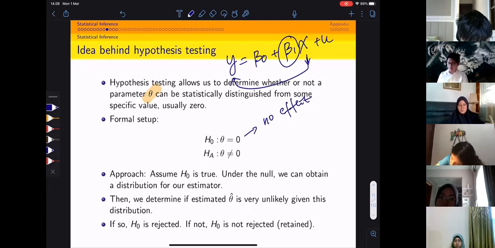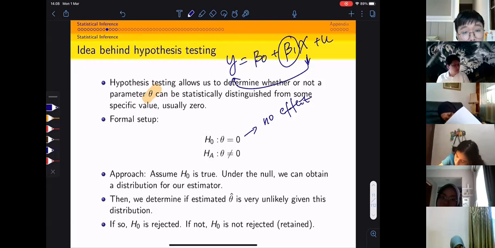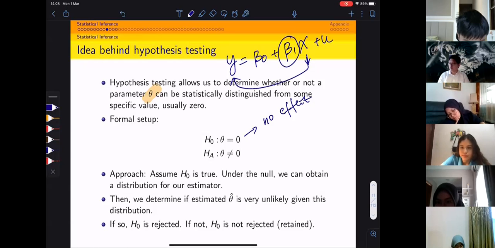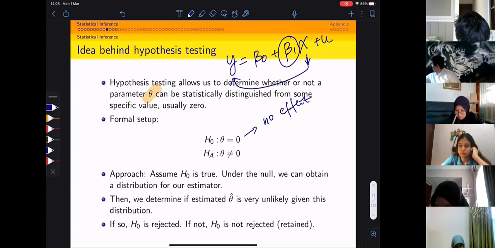Sometimes we do not reject the null hypothesis because we do not have enough evidence. Perhaps with some evidence we can reject the null hypothesis. So again, we do not accept the null hypothesis, it's just that we cannot reject it. It might be quite subtle, but it has a different meaning and a different implication as well.